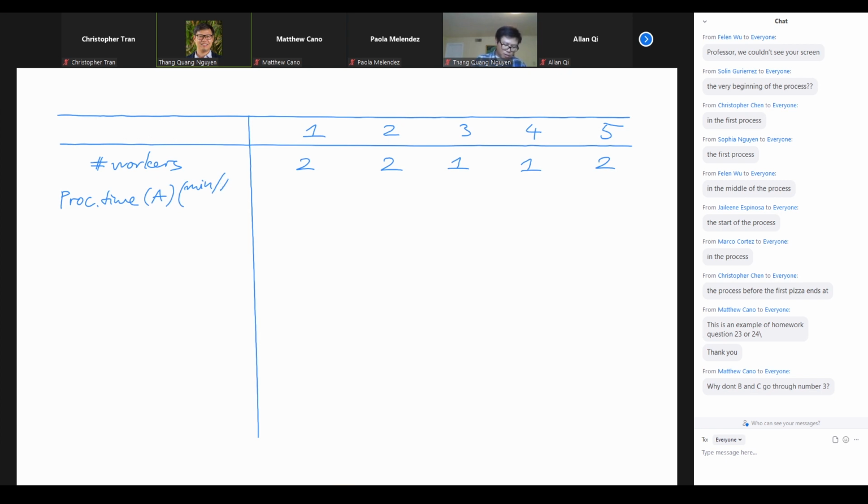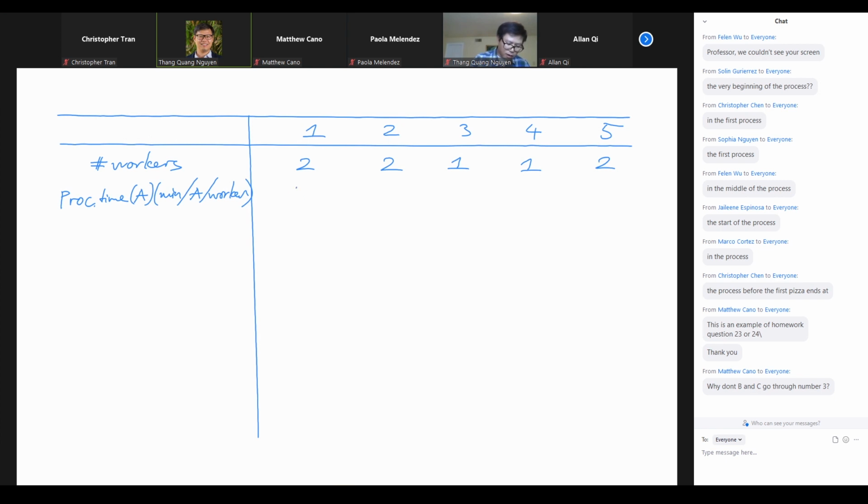You know what? I would like to make this shorter so that I can write the whole thing in one line. So we talk about the processing time of A in terms of how many minutes per ice cream unit per worker. Let me copy the information from the question.